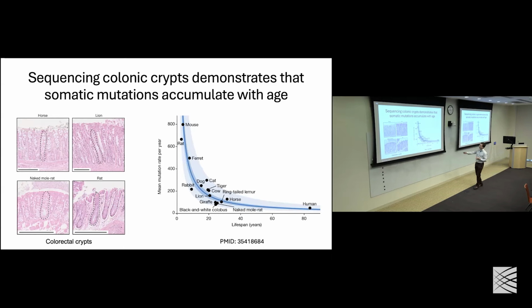So here we have, on a log scale, a mean mutation rate per year. We have mouse here up at 800 per year because they only live 2 years. And then humans way down here at much less, living about 80 years. And all of these different mammals that were also tested follow the same idea.